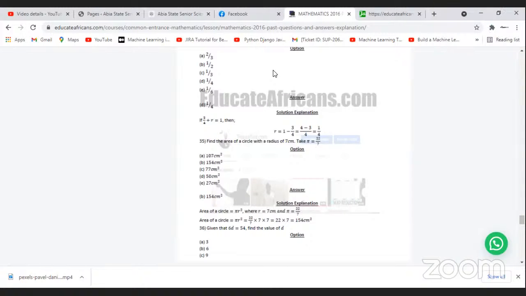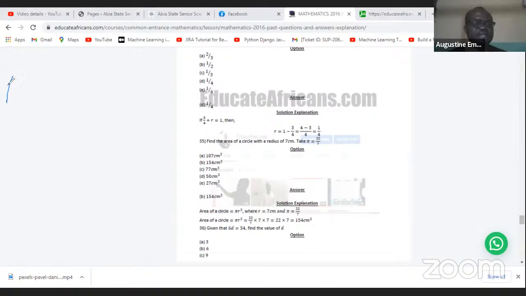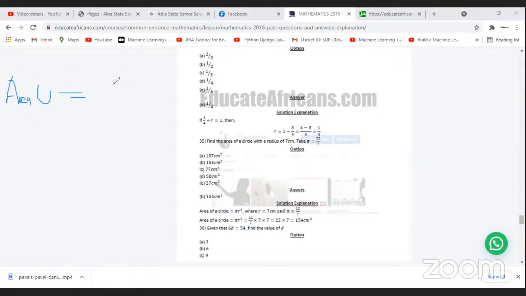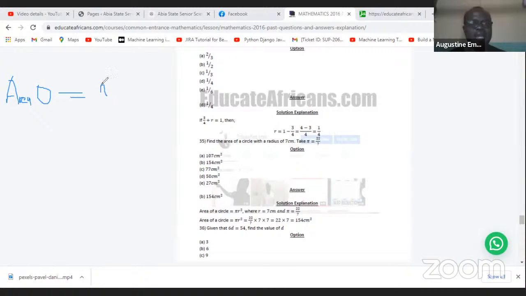Yes, sir. Okay, so there's a formula for area of a circle, and the formula for area of a circle is pi r squared, where r is the radius. So here we are given the value of pi already. This is the value of pi, which is 22 all over 7. Then r is the radius, which is 7.